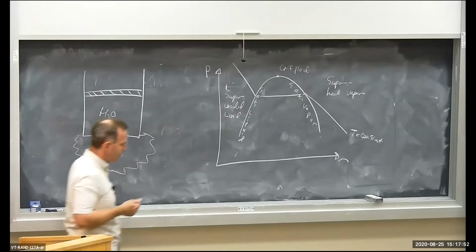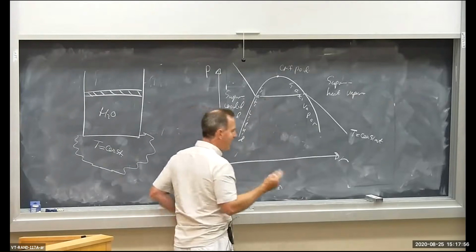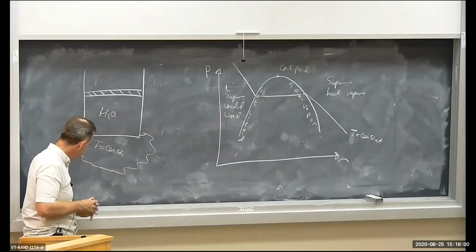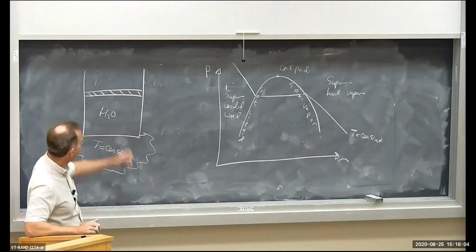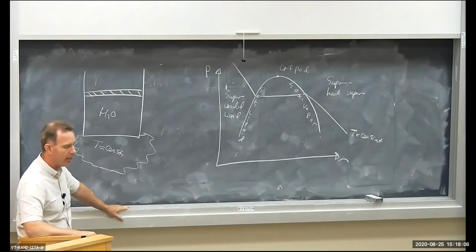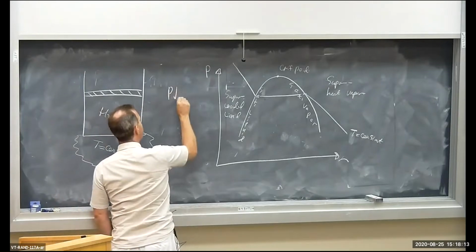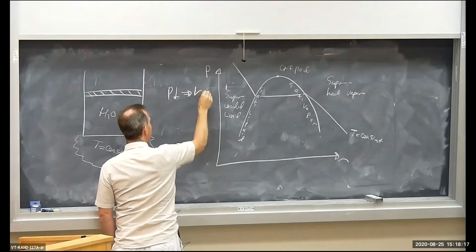Think of it this way. Let's say H2O was a gas, held at constant temperature, and you reduce the pressure. As pressure goes down, volume or specific volume goes up.